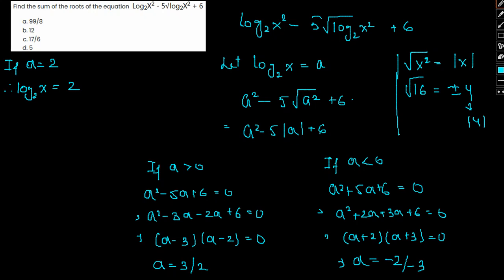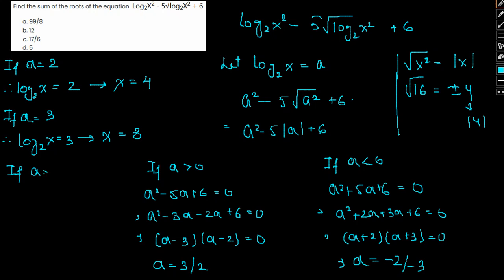So in this regard x is equal to 2 square, that is 4. If a is equal to 3, log base 2x will be 3, so x has to be 2 cube, or x has to be 8.